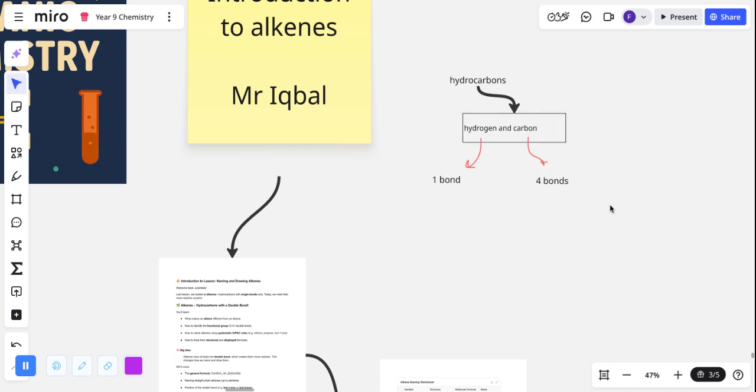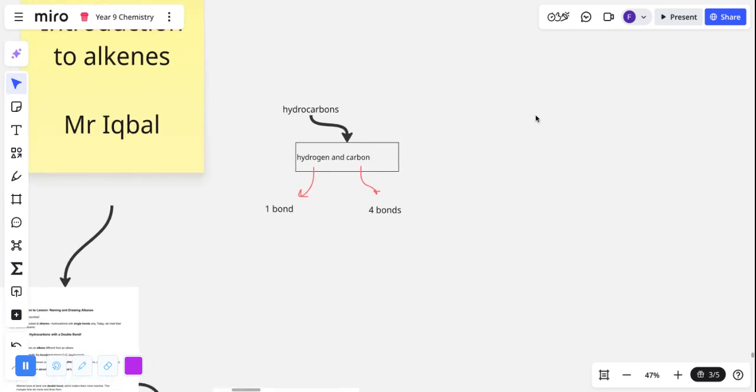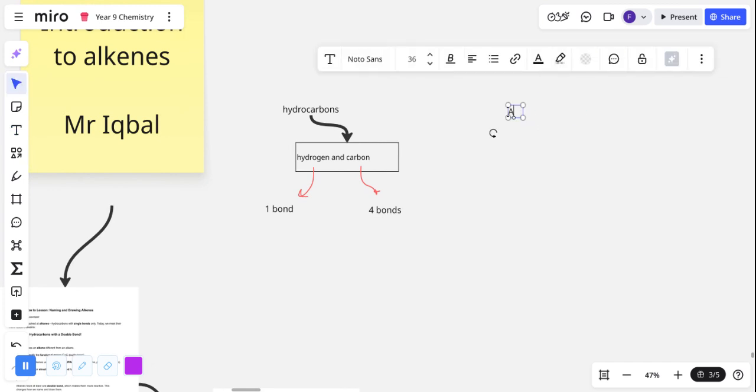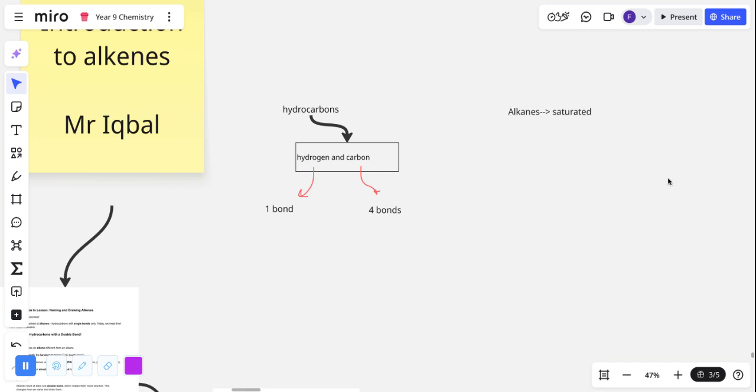And this allows you, as we did last time, to make rather large complex molecules. Last week what we looked at was alkanes. The alkanes are the simplest of hydrocarbons, and we use the word saturated. I'm just going to throw that word in today. It really doesn't matter right now.